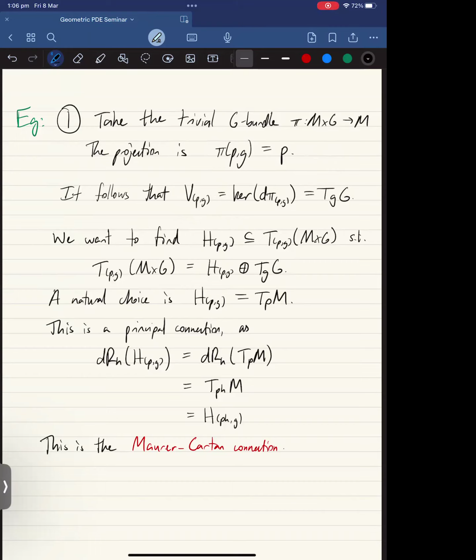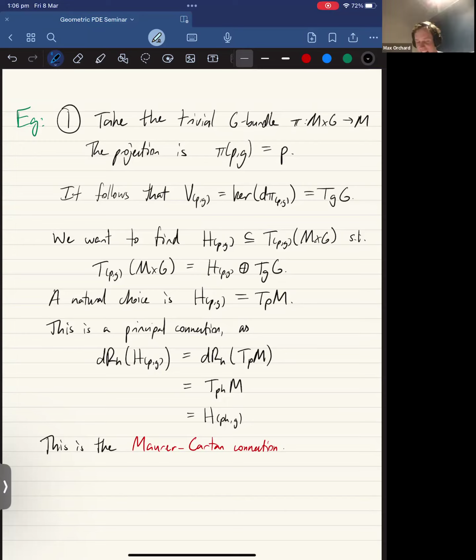Given such a form, giving it is equivalent to giving the horizontal subspace. Yes. Very quickly, I didn't spot any significant difference between the definitions.